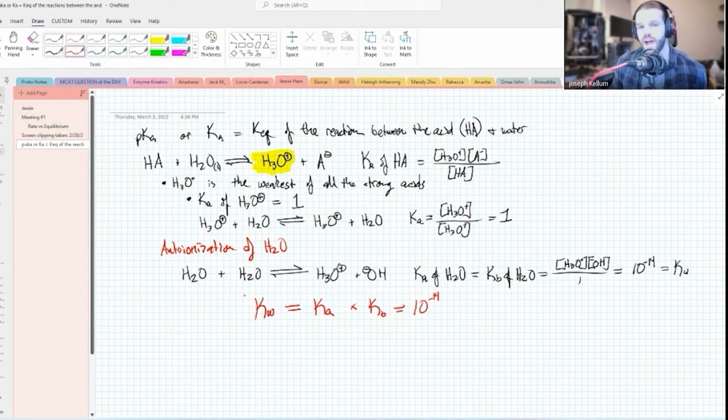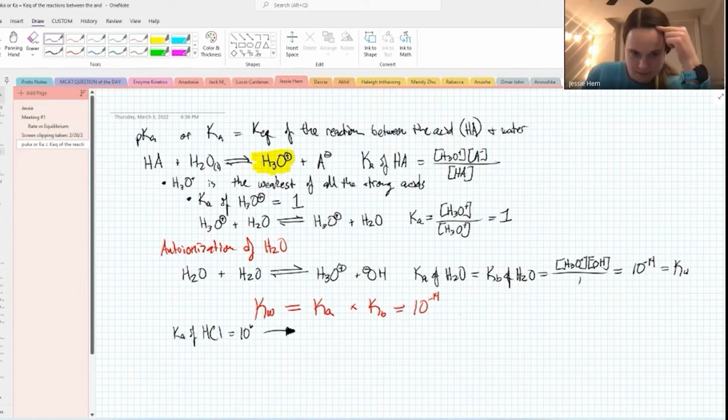So now if I give you the Ka of any acid, let's just do this one for HCl. What's the Ka of HCl? It's like 10 to the 6, I think. So if we do this for HCl, now we just need to find out what the Kb of chloride is.